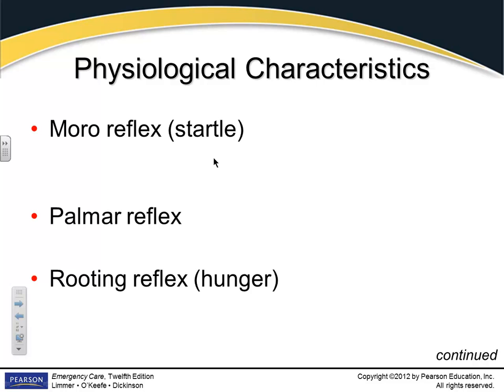A Palmar reflex. I looked up one of those, but it's not nearly as visually fascinating. So what's happening on the Palmar reflex? And that's just fun as a parent, and you put it in there and bloop, and hold on to that finger. There it is. So your Palmar reflex, that's a good one too.